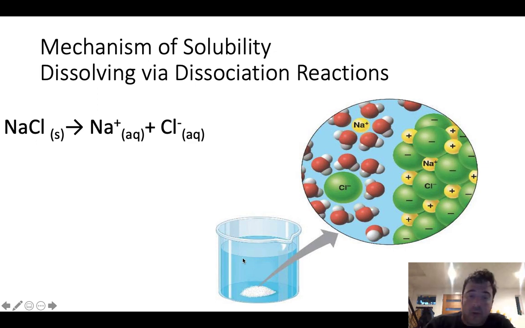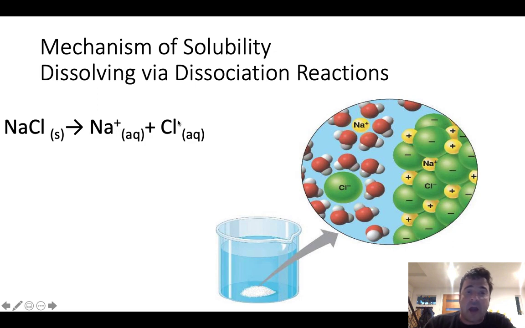You have your solute, you mix it in your solvent, and because sodium chloride is held together ionically, the sodium and the chloride are held together by an ionic bond, it's by definition polar, so salts are all polar. You put it into your water, and the way that it dissolves is the sodium actually dissociates or splits from the chloride to form an independently floating positively charged sodium ion and an independently floating negatively charged chloride ion.